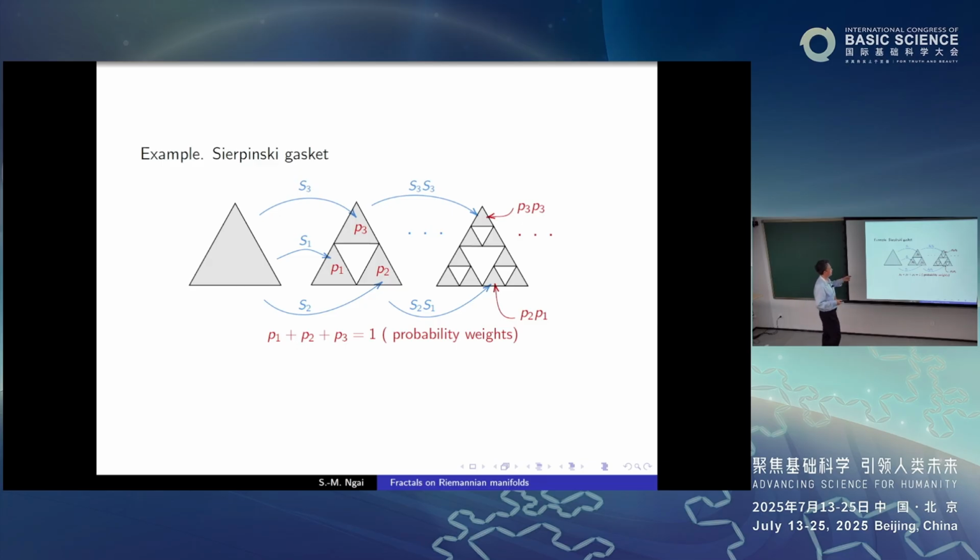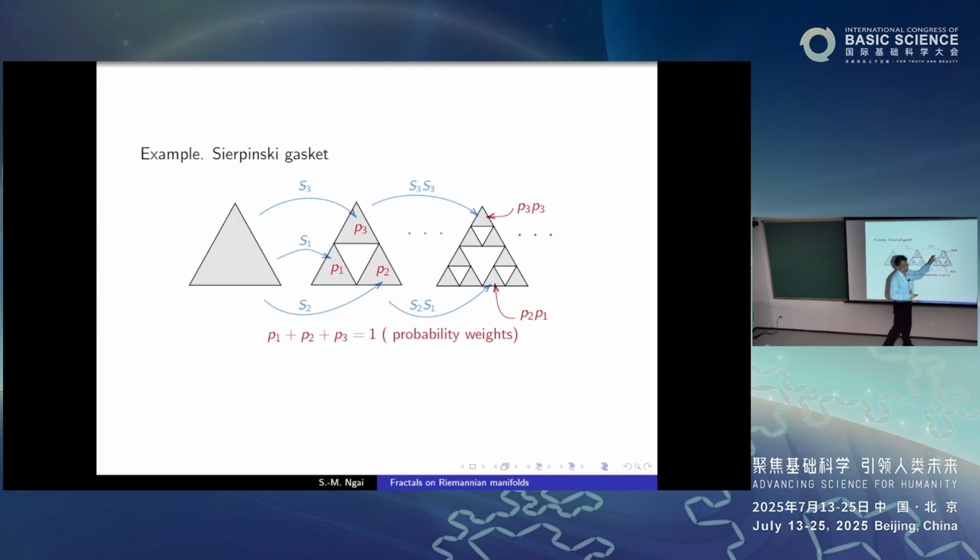For example, the system I choose consists of three similarities, contractions S1, S2, and S3. Then you repeat this, taking compositions, say S2 S1 takes the triangle to here. This is the first level of iteration.